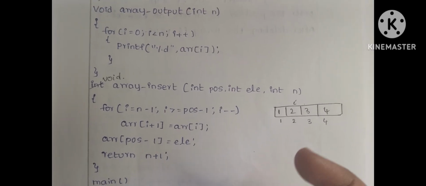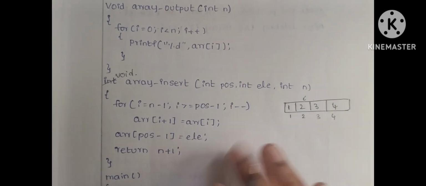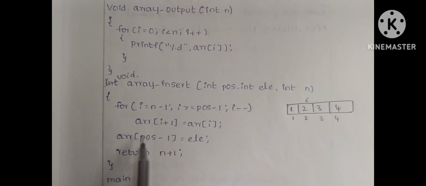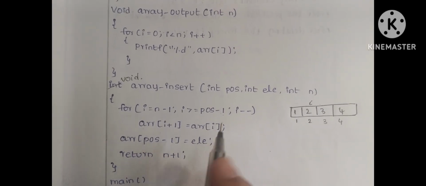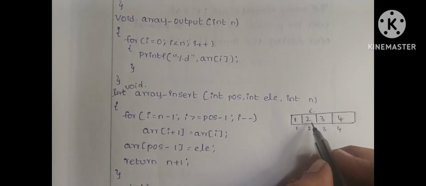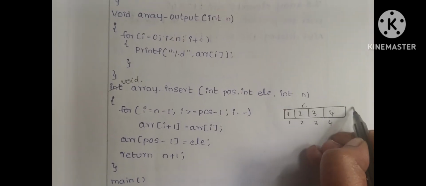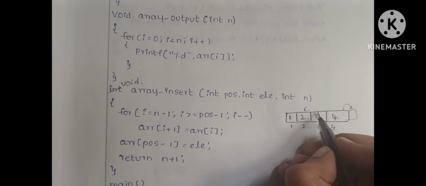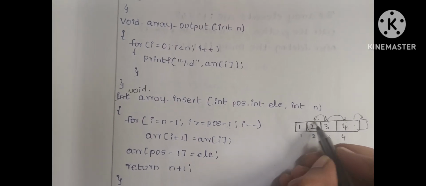Okay, so to run this for loop we are decrementing 1 value, and now array of i plus 1 is equal to array of i. So what we are doing, to insert the element here we have to create a space here, right? We have to create a space here. So we will be moving this element to the next one, this element to here, this element to here, and then here the block will be empty.